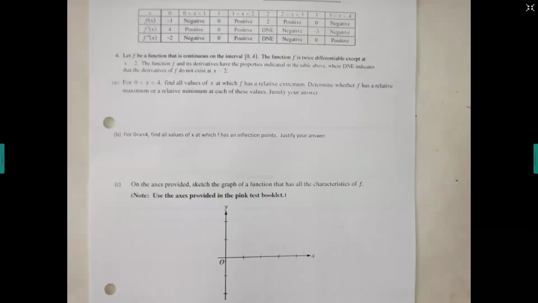You're finding mins and maxes, then you're finding inflection points. You should be able to do it. I think it's either 50 or 5.